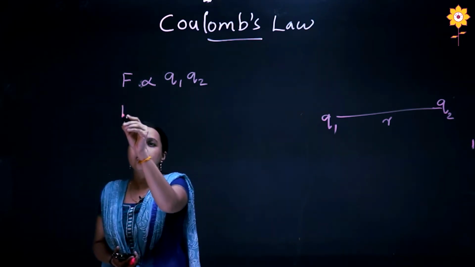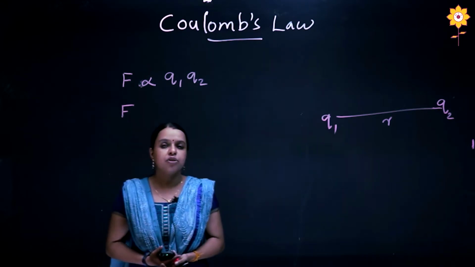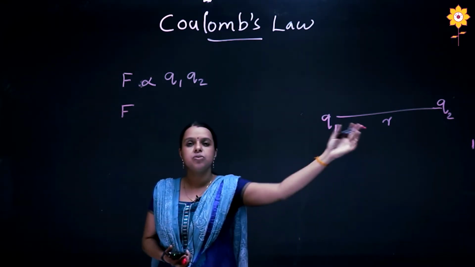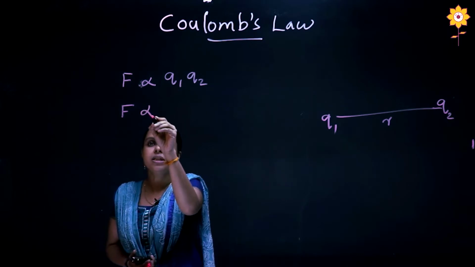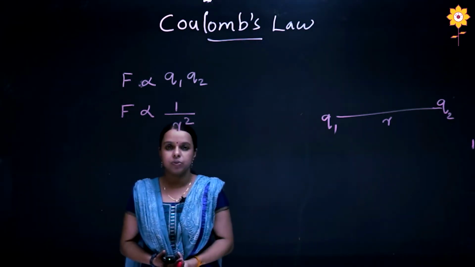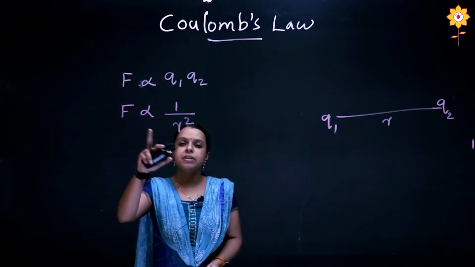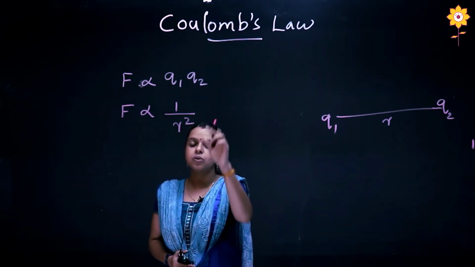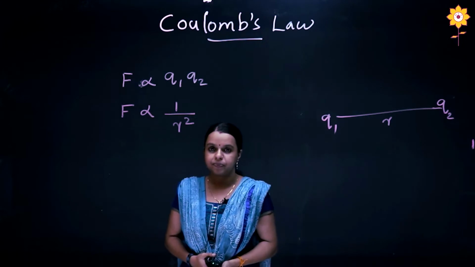The law again states that the force between these two charges is inversely proportional to the square of the distance between them. That is, F is proportional to 1 upon r square.